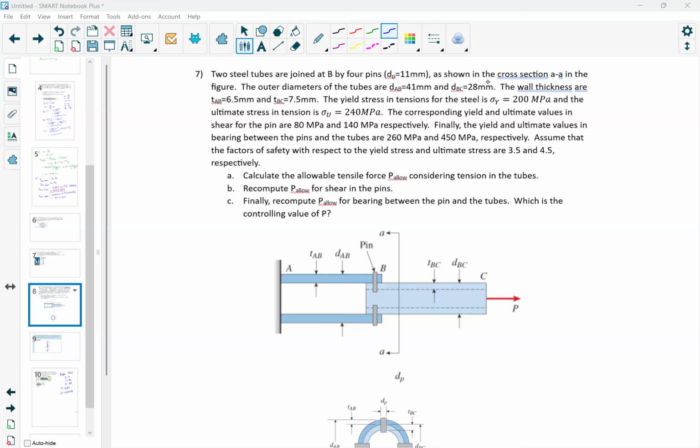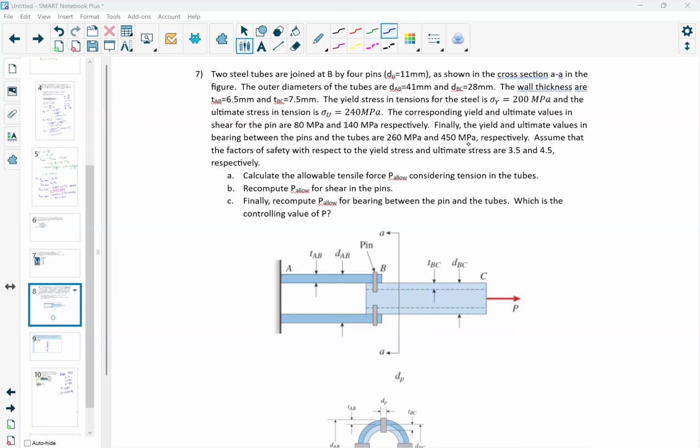Then we're given DAB is 41, DBC is 28, and they give us the 2 wall thicknesses. So both of these are hollow. The yield stress in tension for the steel is 200 megapascals, and the ultimate stress in tension is 240 megapascals. Then they tell us the corresponding yield and ultimate values for the pins, and the bearing between the pins and the tubes, and we're given that as well.